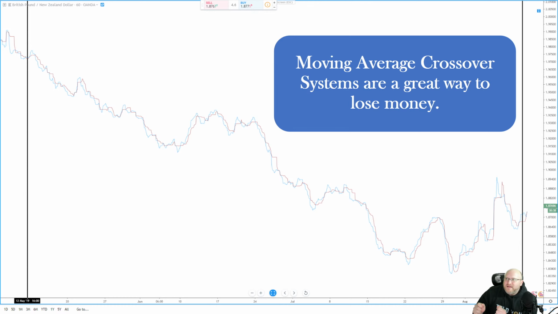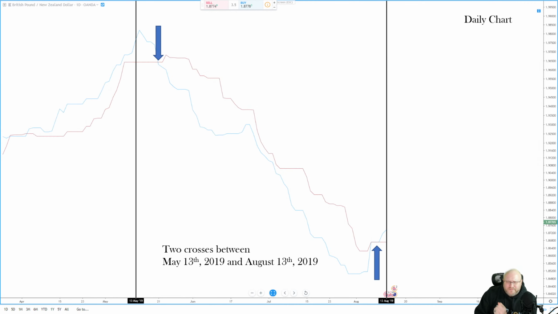I will say, though, the reason I use this example is that one thing I do pay attention to on the daily, weekly, and monthly charts is the time since the last crossover.